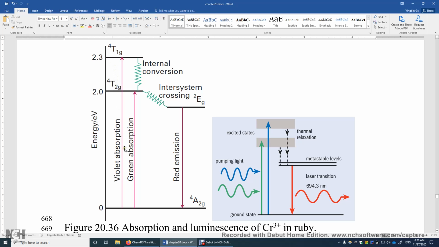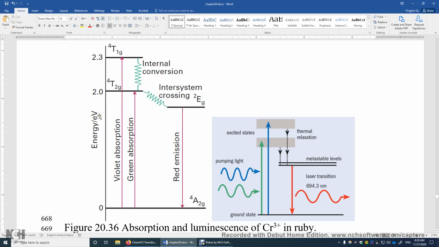It's possible for this chromium 3+ to absorb a green photon to get to here, or a violet photon to get here. The energy gaps are roughly 2.0 electron volts and 2.3 electron volts.